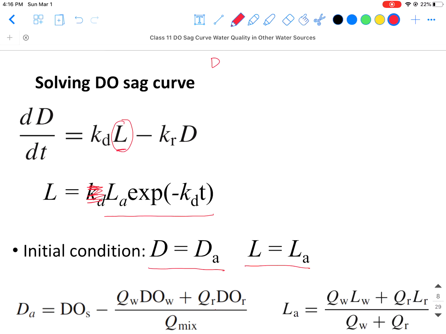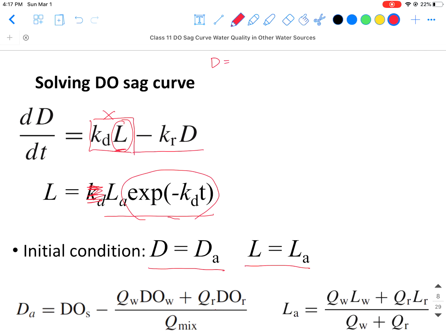For example, the L is a function of time and contains the exponential of minus kd t. And at the same time, in this differential equation, there is a minus kr D term. Normally, if we ignore this term, then the D is going to contain an exponential of minus kr t term, right?